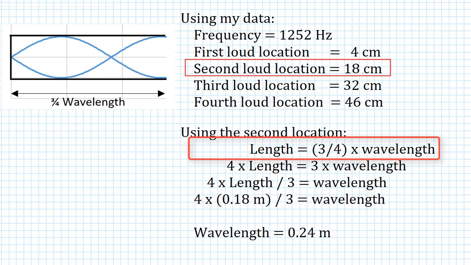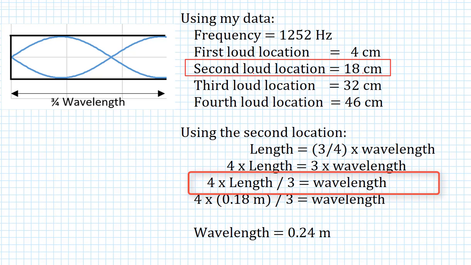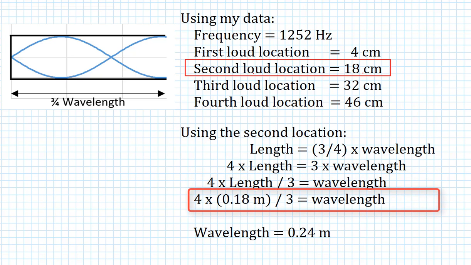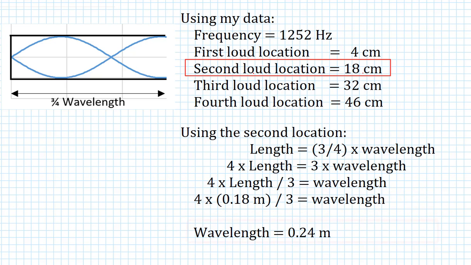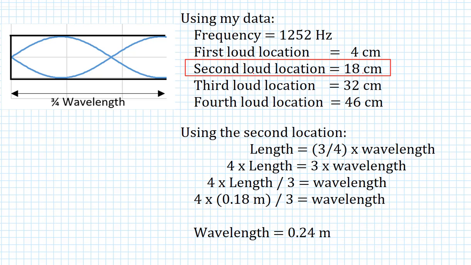So the length is equal to 3/4 of the wavelength. I multiply both sides of the equation by 4. Then I divide both sides of the equation by 3. I plug in my length in meters, 0.18 meters, and I get the wavelength is 0.24 meters or 24 centimeters.